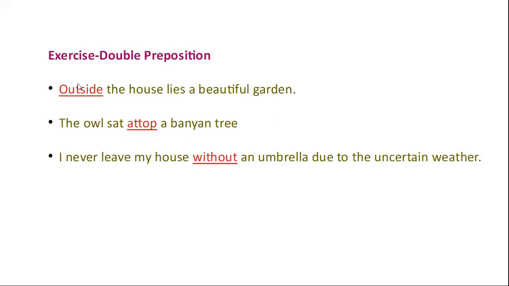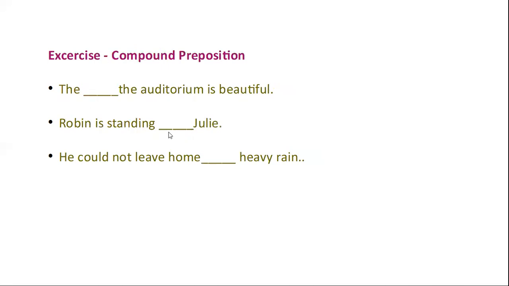So here we can see double preposition. Out is one preposition and side is another preposition. So here the two prepositions are joined together to make a new word. So outside, atop and without are all called double preposition.